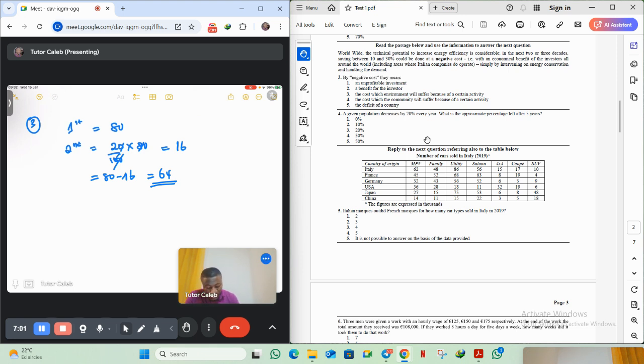The third year, or let's say 64 people or 64%, because we're working from 100. The third year, you're going to have 20% of 64. That will give you 6.4 times 2.